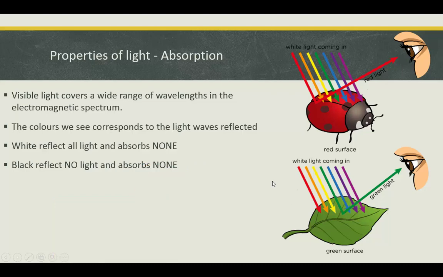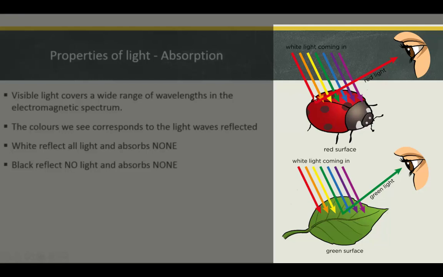Okay. Now, if we take a look at the two examples on the right-hand side of the screen, we've got a little red ladybug there. What happens is that white light hits this little red ladybug. The actual molecular structure of the molecules that make up that ladybug's shell, every single molecule has a different frequency of light that it can absorb.